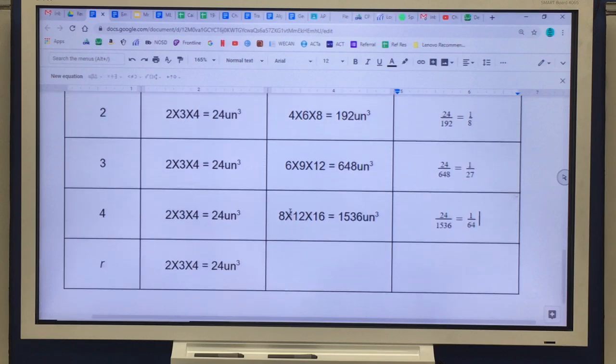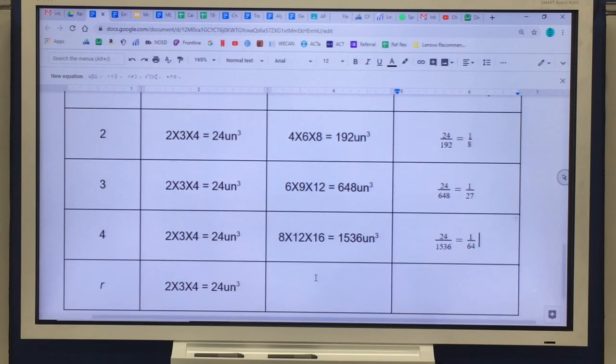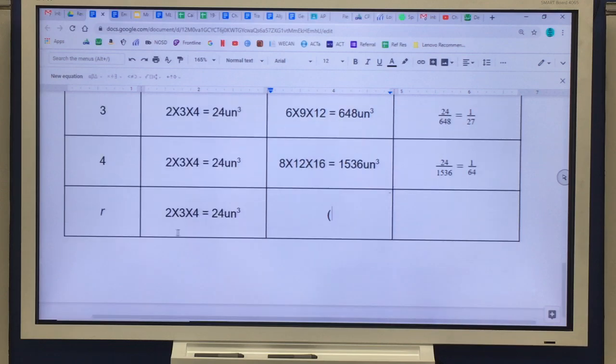Well, gosh, I don't know what to do now. But what I'm going to do is this. I'm going to put this R, I'll slide it up a little bit for you. This is a ratio. They use the letter R for ratio, or maybe a better letter would be M for multiplier, because we multiply all these numbers by 4.